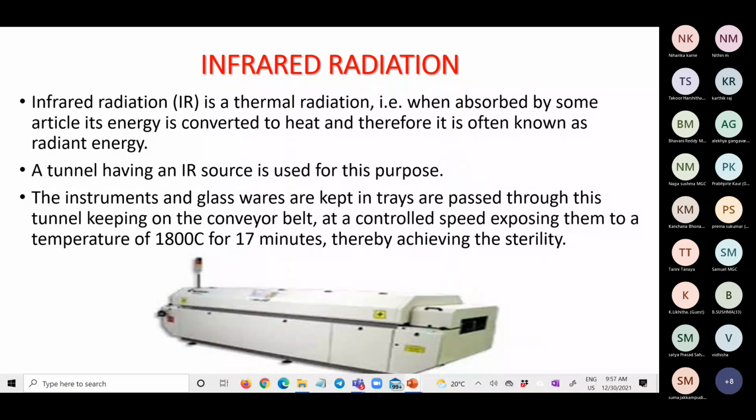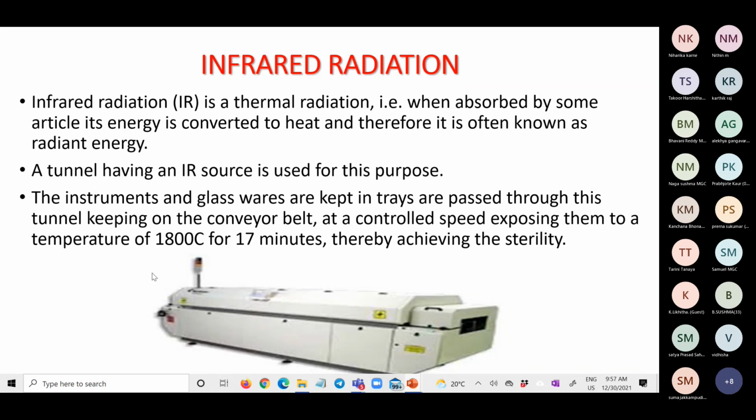It's a thermal radiation. This energy is radiant energy which is used for the sterilization process. So the things to be sterilized will be kept on a conveyor belt. They will be exposed inside the instrument at a temperature of 1800 degrees Celsius for 17 minutes.